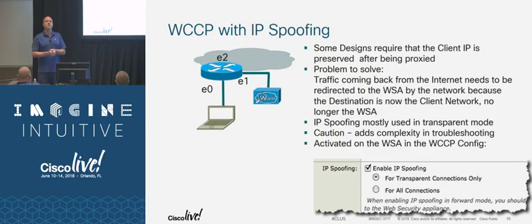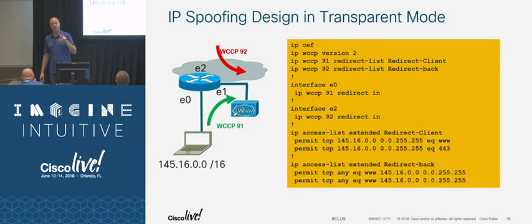In some companies, we have people who want to have the internal IP address visibility at the firewalls or a downstream network device after the proxy. So what we can do is keep that. So we would spoof the IP address out. So we keep the internal IP address going through. What that requires us to do is actually do 2 WCCP redirection statements.